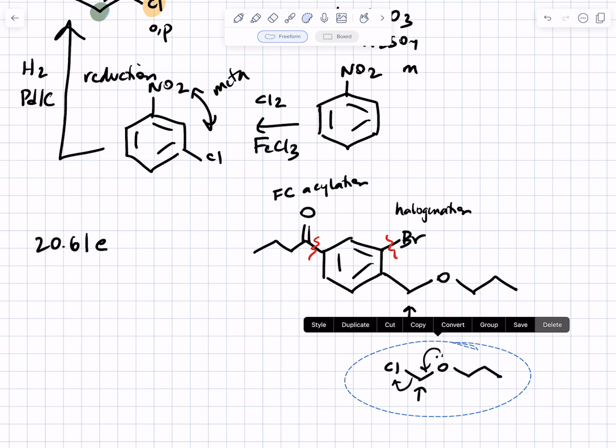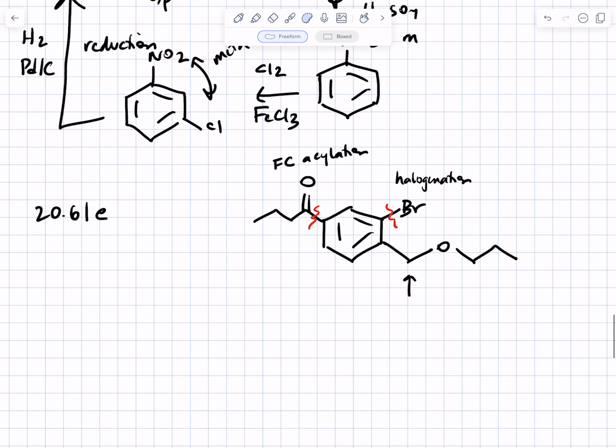Okay? So how would you do this? Well, if I don't know how to make this bond directly, you could ask yourself, do I know how to make that one? And the answer is, yeah, I could have made that one. What if I had a good leaving group on that benzylic carbon?